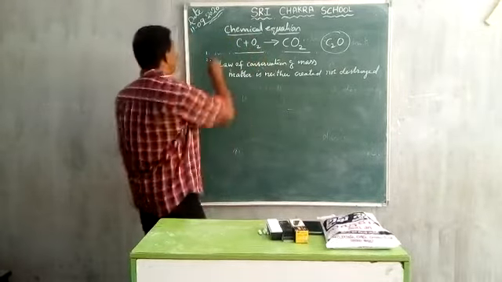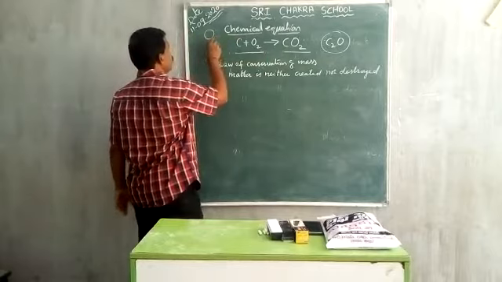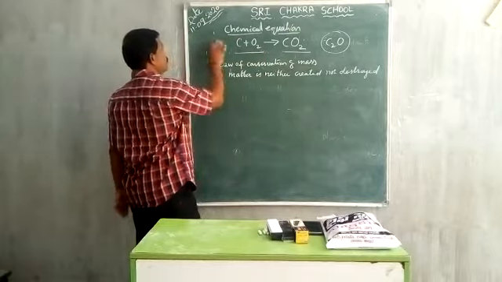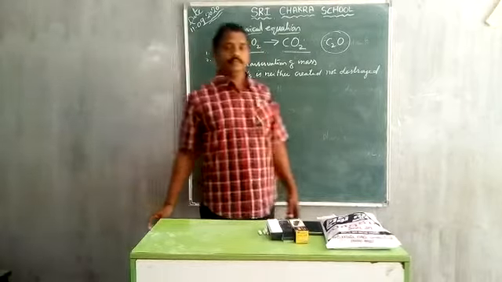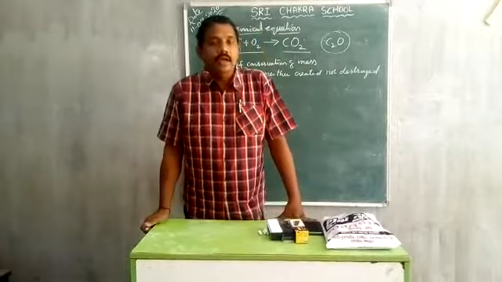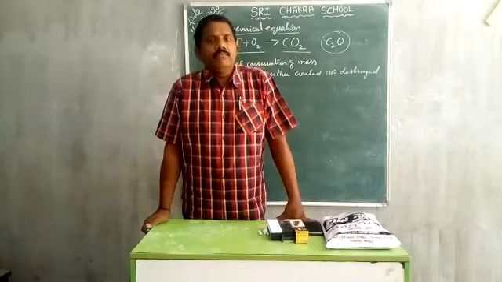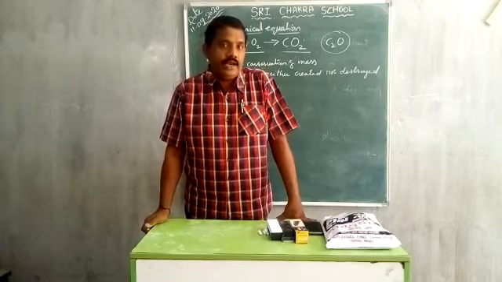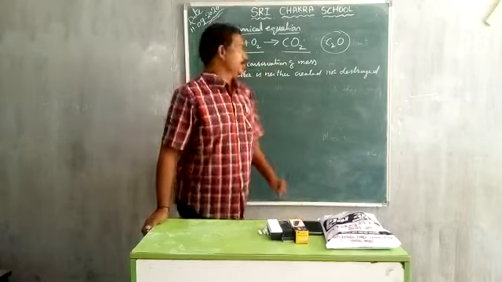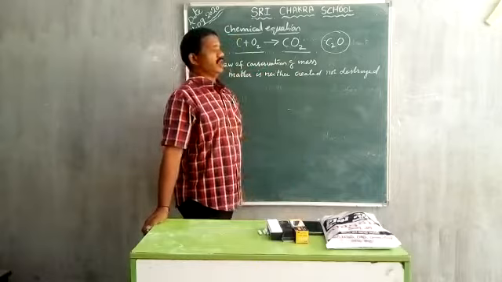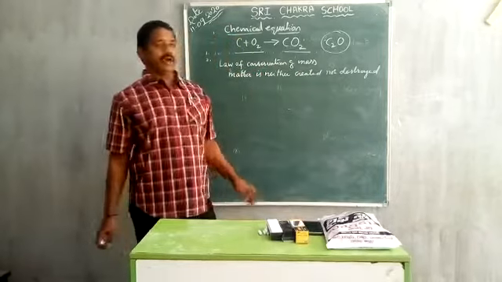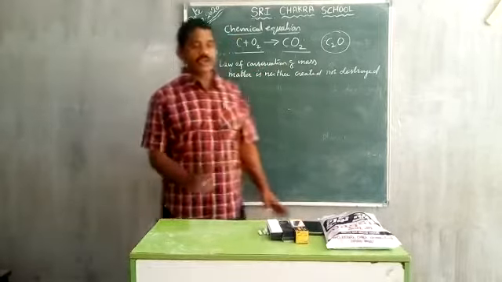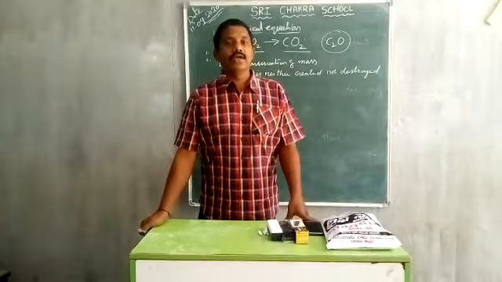You cannot write O or O3 or O4. It should be O2 like that. Next, every atom used in the reaction is counted. It is according to law of conservation of mass. According to this, matter is neither created nor destroyed.